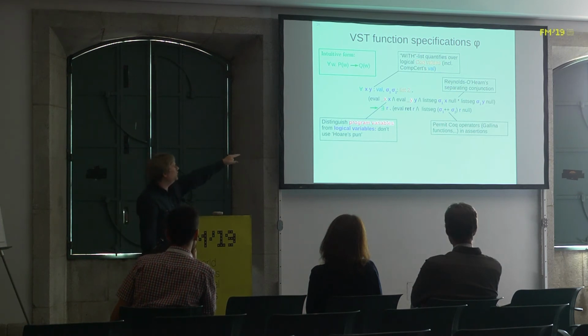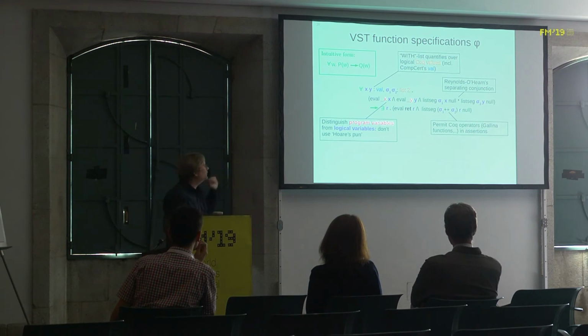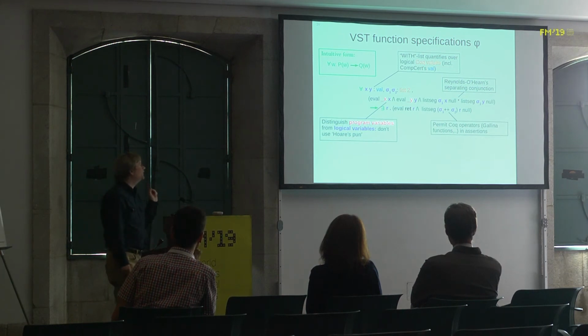In the postcondition, we see then that there is a return value that points to the result of appending these two lists. And again, the use of operators from the ambient logic allows us to connect reasoning about C with reasoning about the application domain, in this case lists.